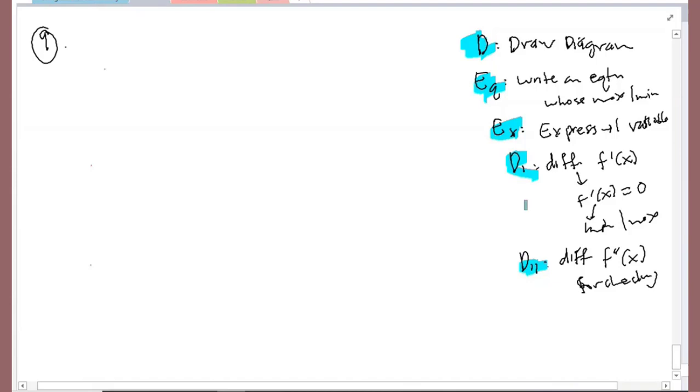Use the acronym DEDED. Now for the first D, draw a diagram. The question says a rectangular box, so imagine the rectangular box.